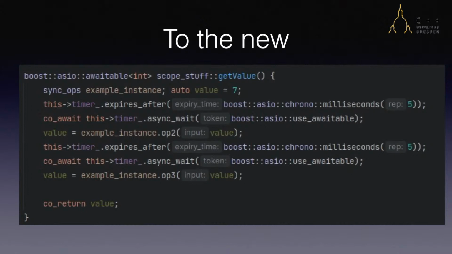And co_return is the same for returning your value, because the actual return value of the coroutine is the template parameter of the Boost ASIO awaitable return type. So, of course, to return an integer, we use co_return.